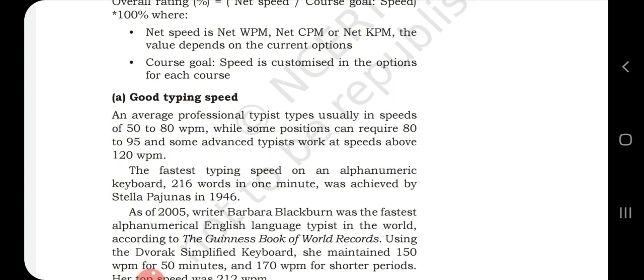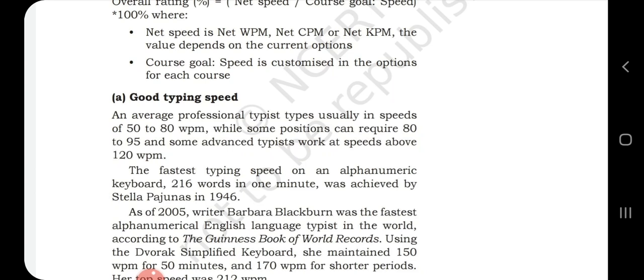WPM means words per minute. Whereas some typists can achieve 80 to 95 WPM. Whereas some advanced typists have speeds of more than 120 WPM.